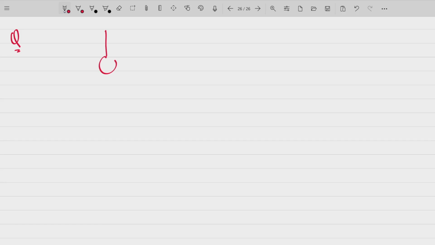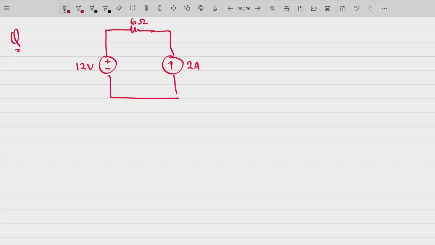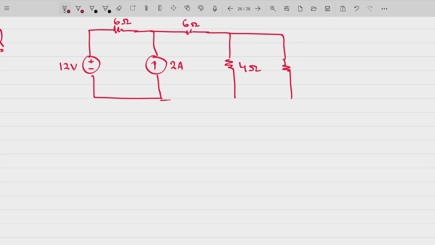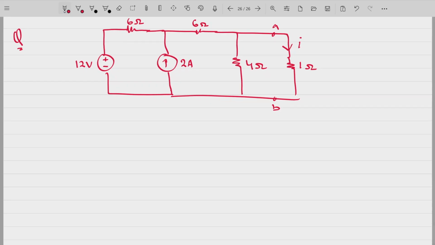Find I in this circuit by replacing it by its Thevenin's equivalent circuit.